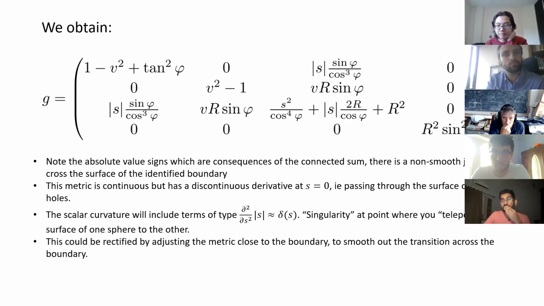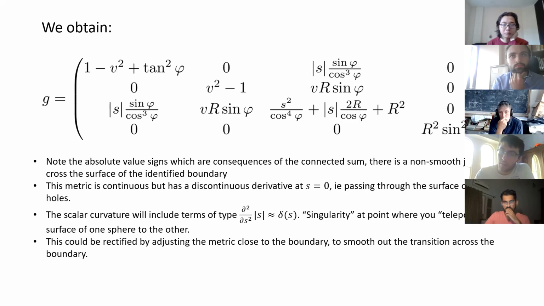So just to clarify, I got a little bit lost at the end. So the metric that you're displaying there, is that a Lorentzian metric on a topology changing 4-dimensional manifold, which has an initial boundary, which is R3, and a final boundary, which is S1 cross S2 minus a point?